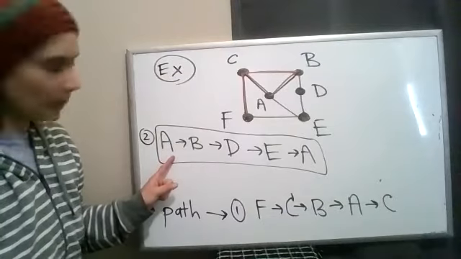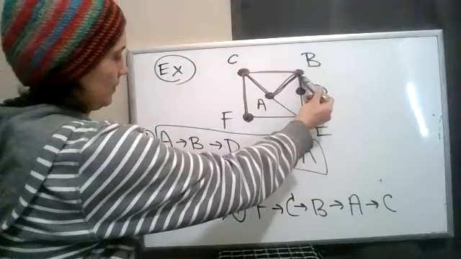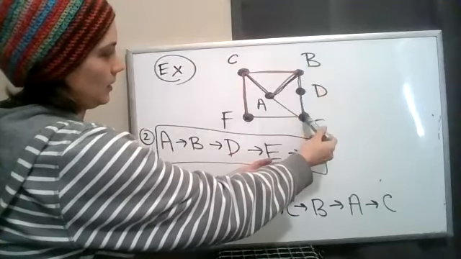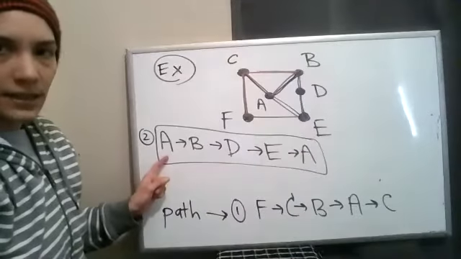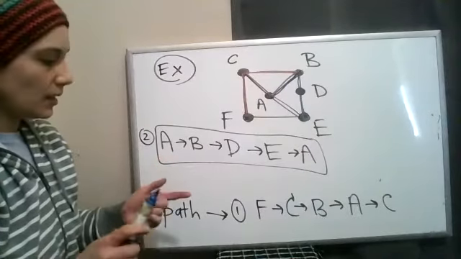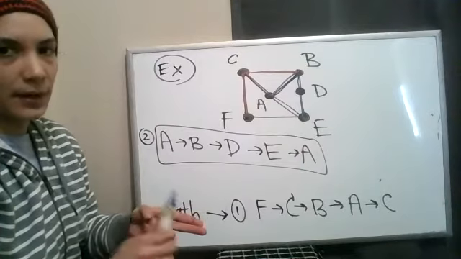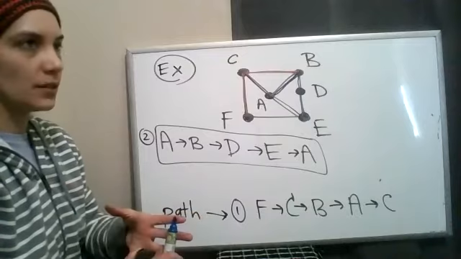Use blue and go from A to B. B to D. D to E. E to A. Oh, cool. I ended where I started, and I used every edge one time. So first of all, it was a walk, and then using each edge once makes it a path, and starting where you end gets you to circuit.